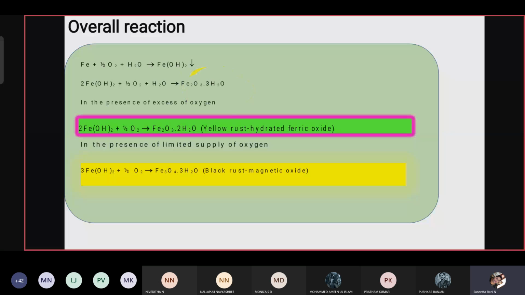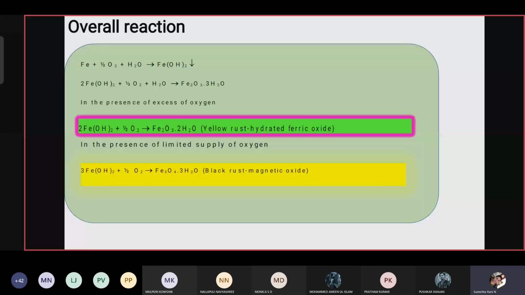Whatever oxygen is absorbed in the water reacts directly with the ferrous hydroxide. So the color is red here, but yellow there because we limited the supply of oxygen. The black rust again depends on how much oxygen we supply. The color of rust can change.